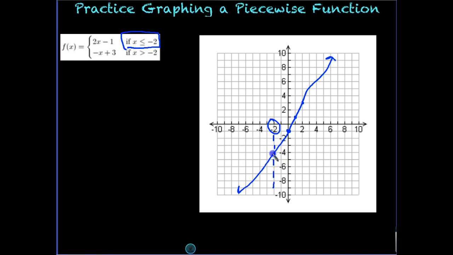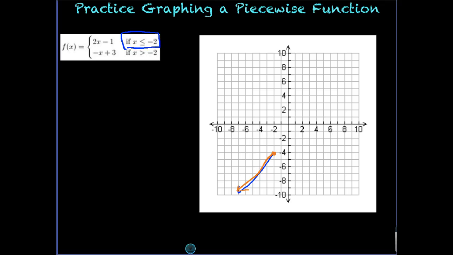We don't want to see the rest of it because that's greater than -2. So we only want to see the orange part. So I would just take my eraser and I would erase all of this. All right. And then at this starting point here, I can put a solid point because it's less than or equal to.